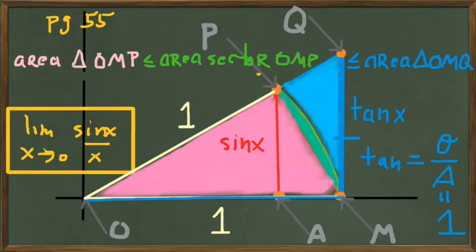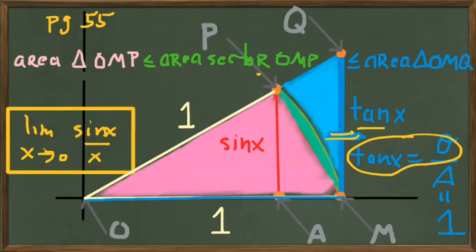The opposite side of the triangle is this side right here that we're trying to find. So the tangent of x is therefore equal to the opposite side of the triangle, which is this side, and that's why we have this side labeled as tangent x.